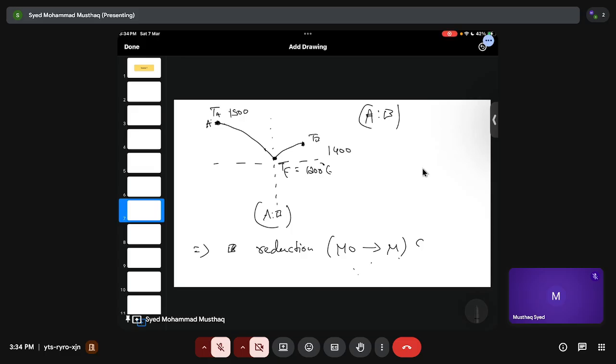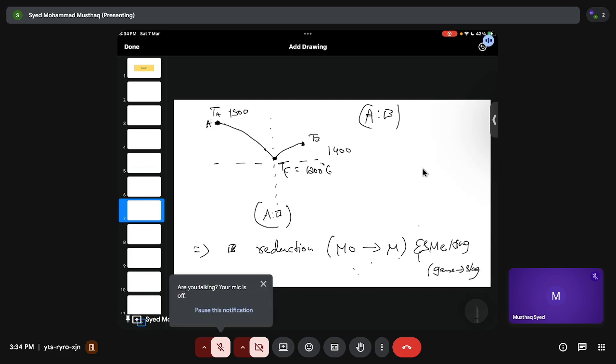In smelting, you will have your gangue being converted into slag. So chemical reactions sure happen. That's the only difference between your smelting and melting. You involve some chemical reactions, and also you need not go to the temperatures you reach in melting. So that's the only difference.